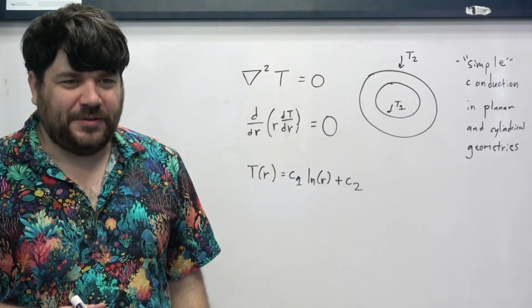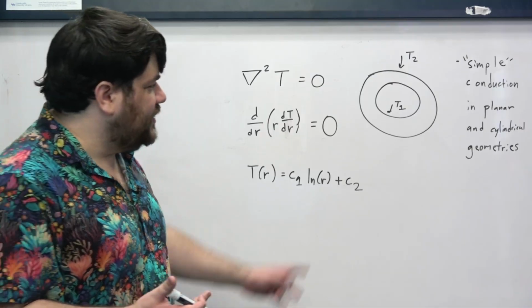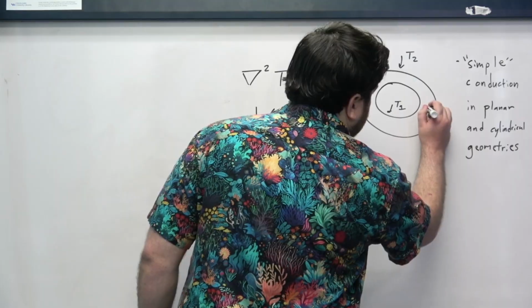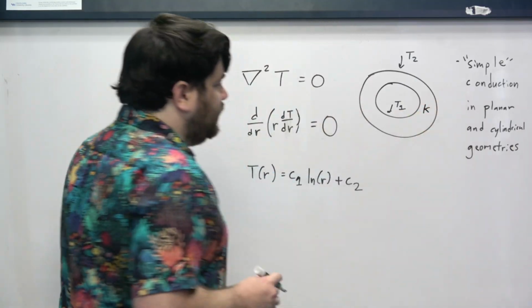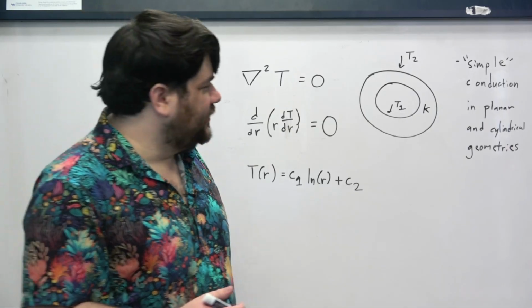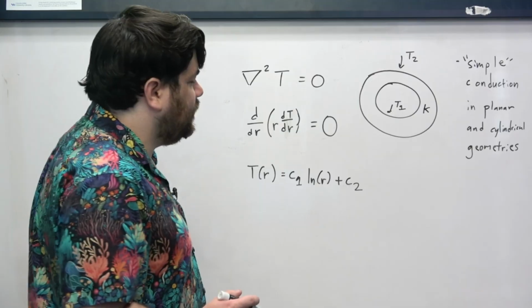So how do I find the temperature distribution given these pieces of information? Well, we can also say that this cylindrical shell has some thermal conductivity K.